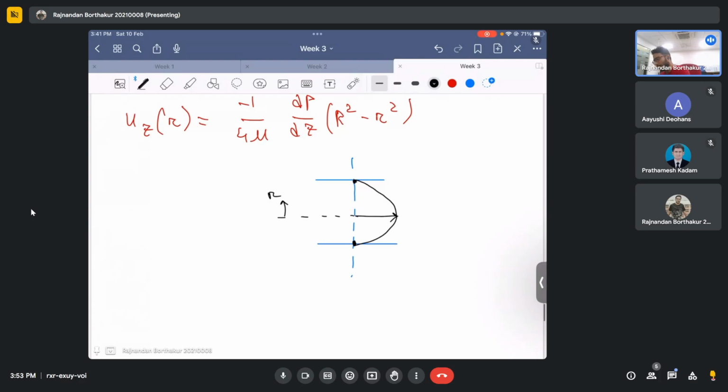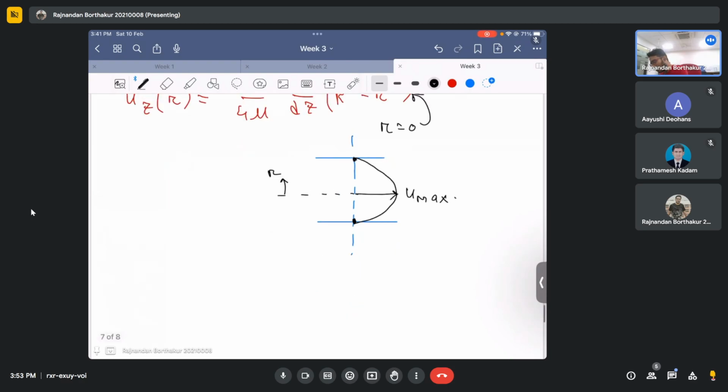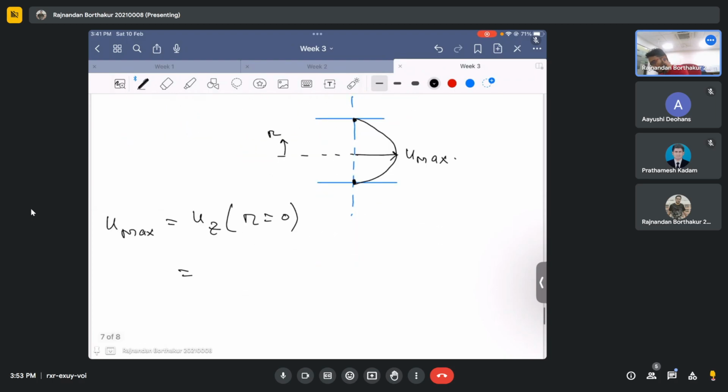This is our r direction, and this is u max. If we put r equals to 0 in this equation, we will get u max, which is uz at r equals to 0, and this would be equal to minus 1/4 mu times dp dz times capital R square.